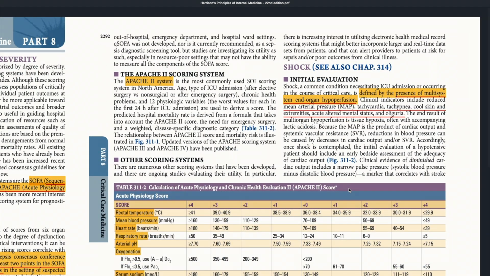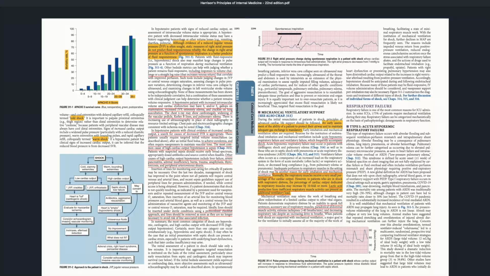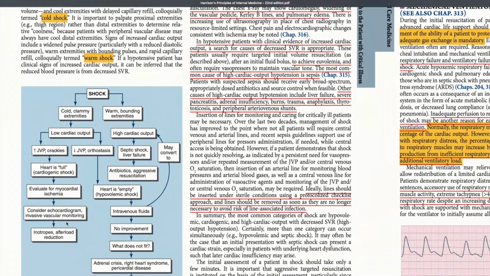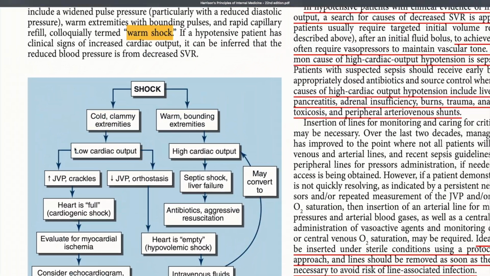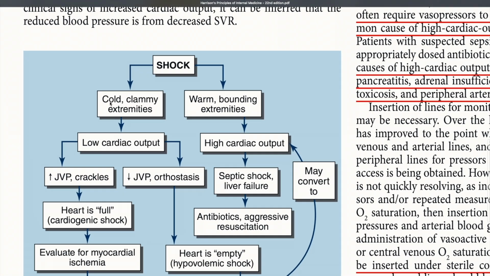So in Harrison, there is a flow chart about shock. There is cold shock and warm shock, where cold shock has low cardiac output, and in warm shock there will be high cardiac output.